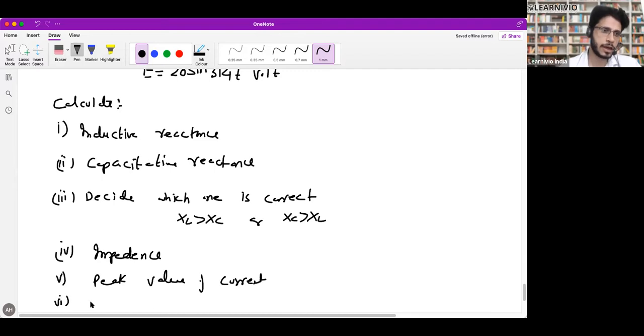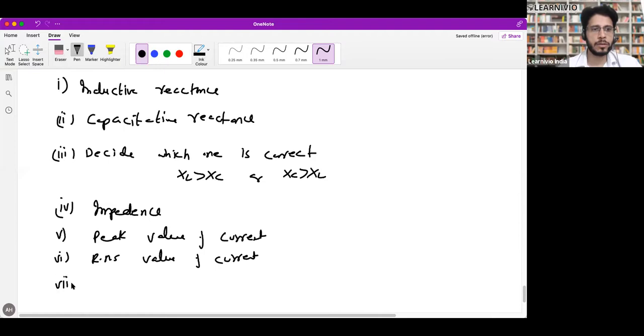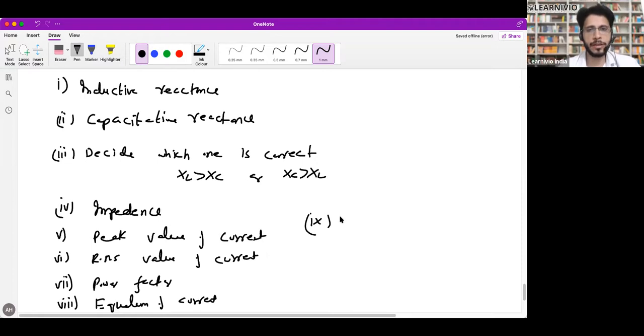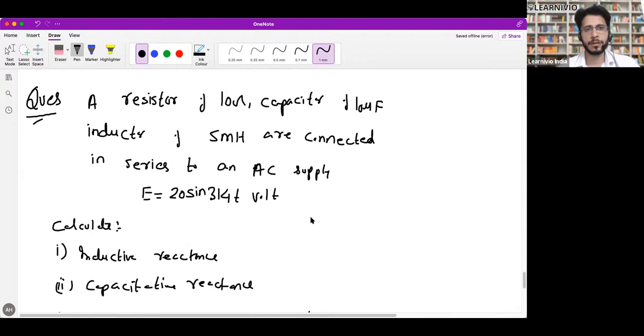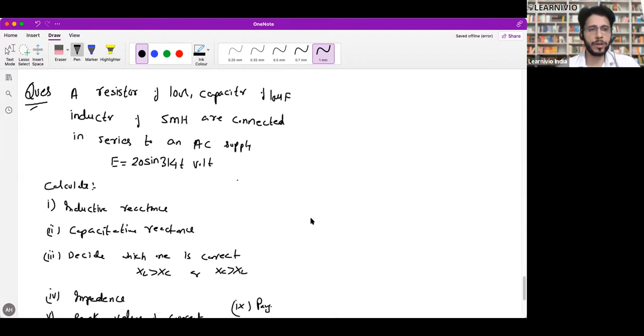Then I need RMS value of current. Then I need power factor. Then equation of current. Last part. Last, I need average power. P average. Do it. It's a lengthy question, but a very, very important thing.